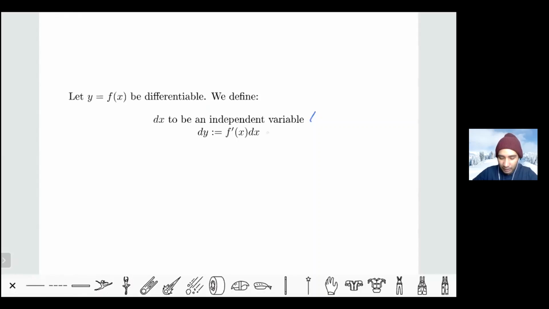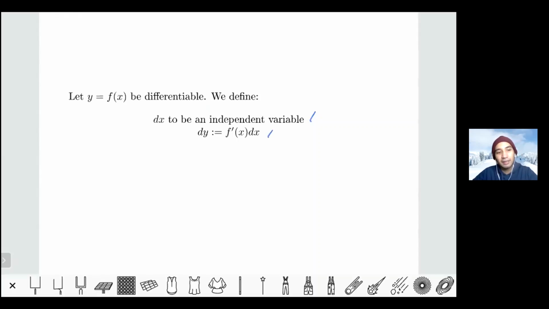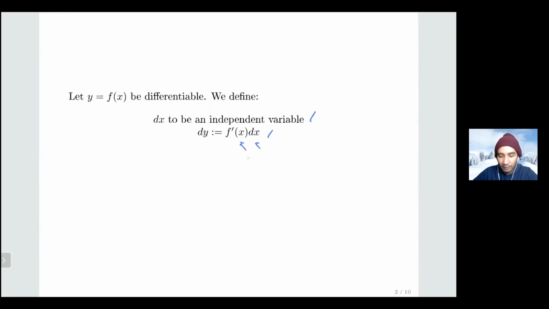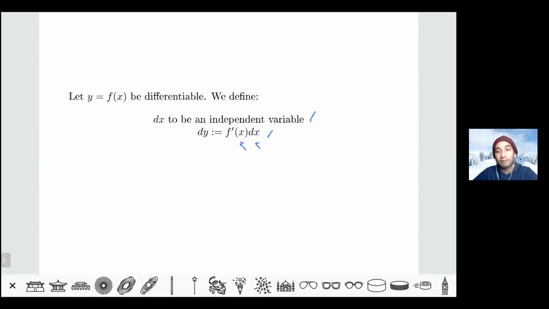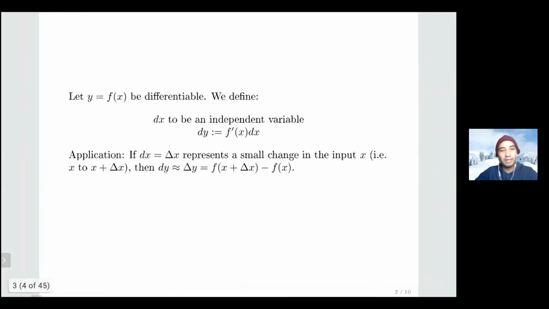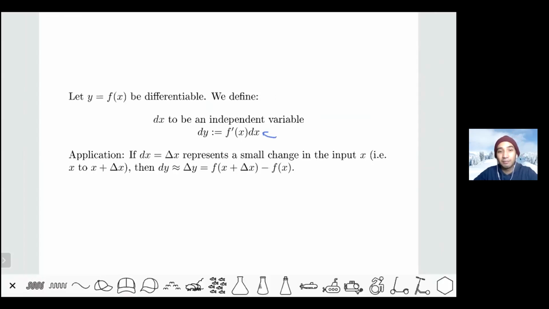No? And what is dy? Yung dy, this is a dependent variable. Okay, so it already depends on the values of dx and x. So ito yung formula natin. No? dy is defined as f prime of x times dx. And yung application niyan, kasi yung dx natin, sabi natin, pwede nating lagyan ng kahit anong number.